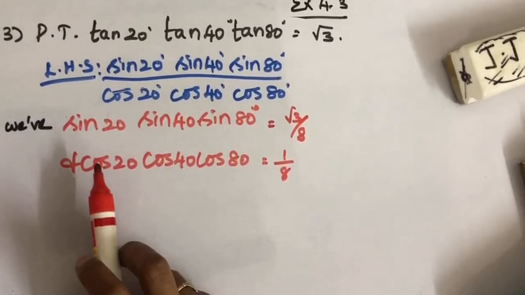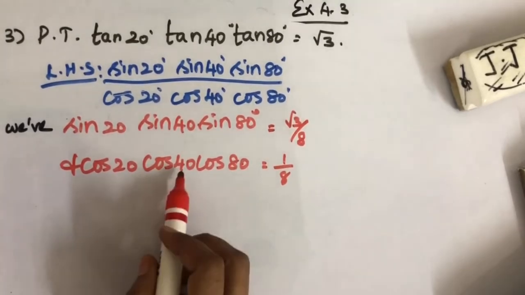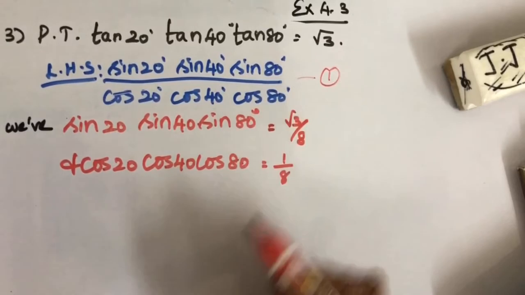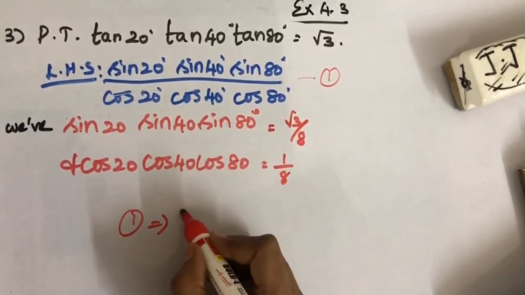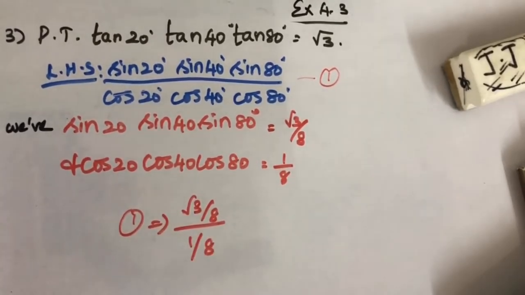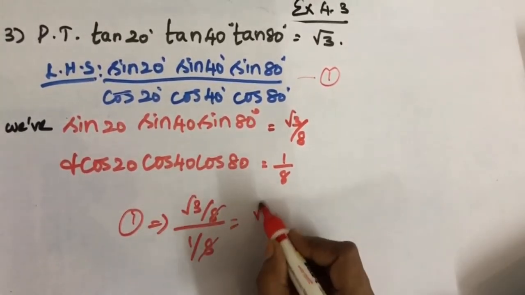So we have sin 20, sin 40, sin 80 equal to root 3 by 8 and cos 20, cos 40, cos 80 equal to 1 by 8. We can substitute this in 1. For the numerator I write root 3 by 8 and for the denominator I write 1 by 8. So, 8 and 8 will get cancelled, that is equal to root 3.